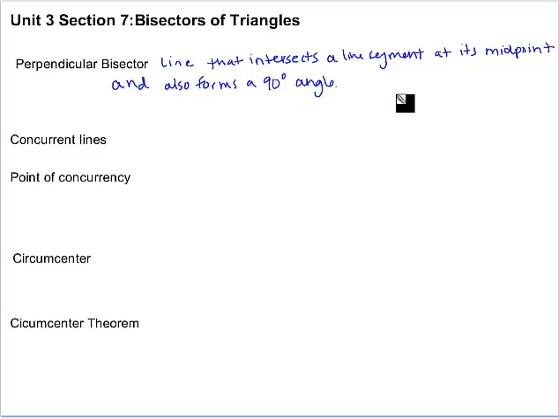So for example, if here we have a line segment, a perpendicular bisector would need to intersect at its midpoint, so the two sides would be congruent, and it would need to have a 90-degree angle.